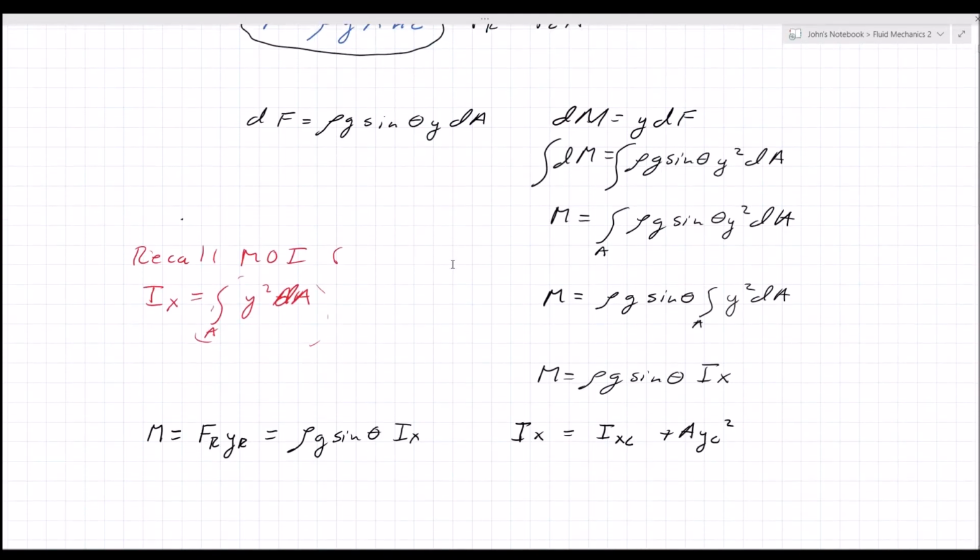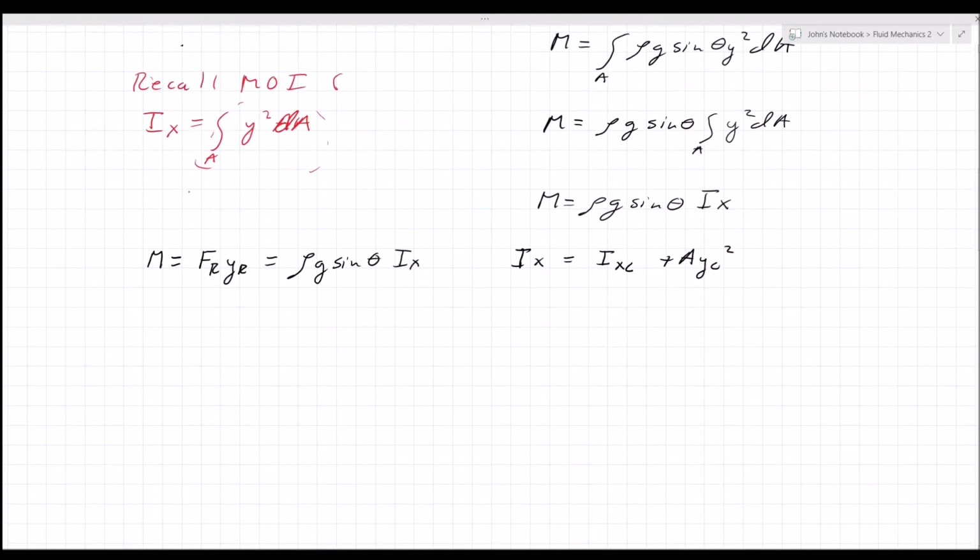So I need that distance. So plug this in. F sub r, y sub r is equal to rho g sine theta times the moment of inertia about the centroid plus A y c squared.